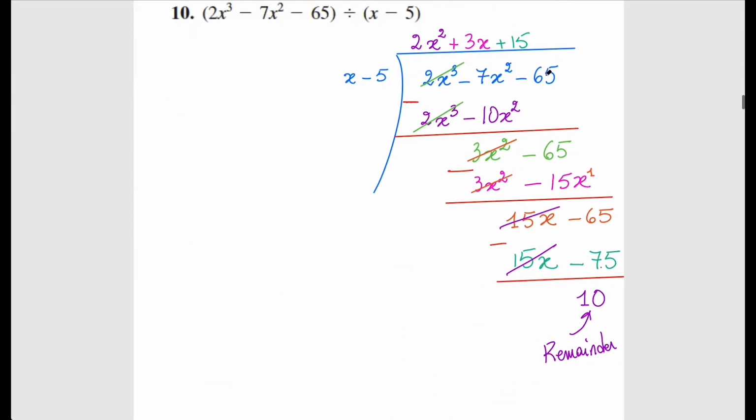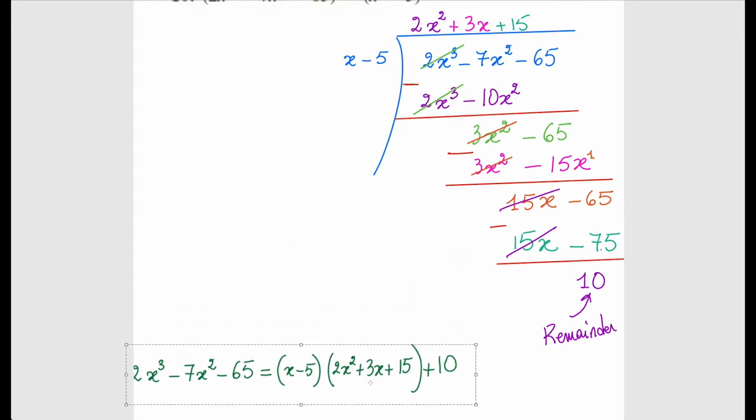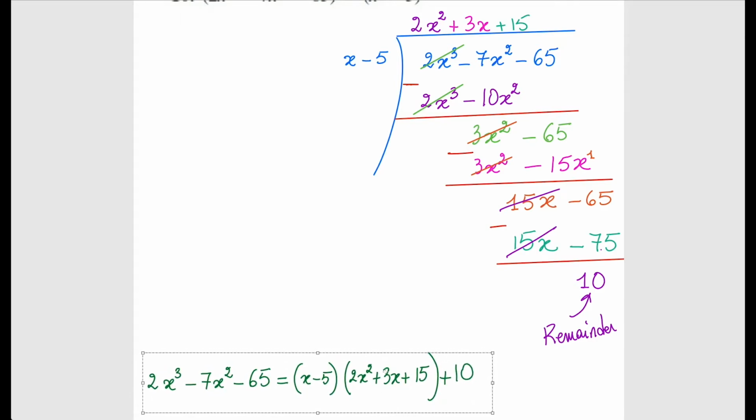So this means 2x cubed minus 7x squared minus 65, the dividend, is equal to the divisor, x minus 5, times the quotient, which is 2x squared plus 3x plus 15, plus the remainder, and the remainder is 10. Agree? Let me just grab this and put it here just to have more room.